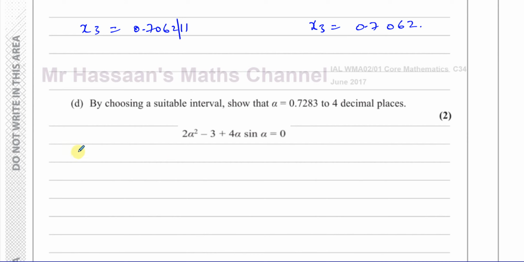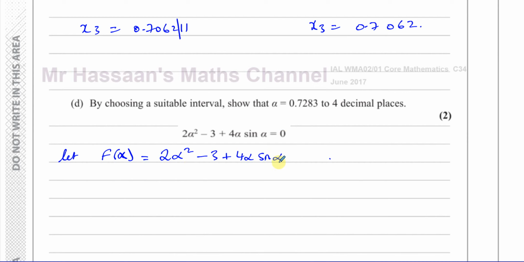So what we do first is say, let's call this f of x. F of alpha, we could say, equals 2 alpha squared minus 3 plus 4 alpha sine alpha. Forget the equals 0 part.